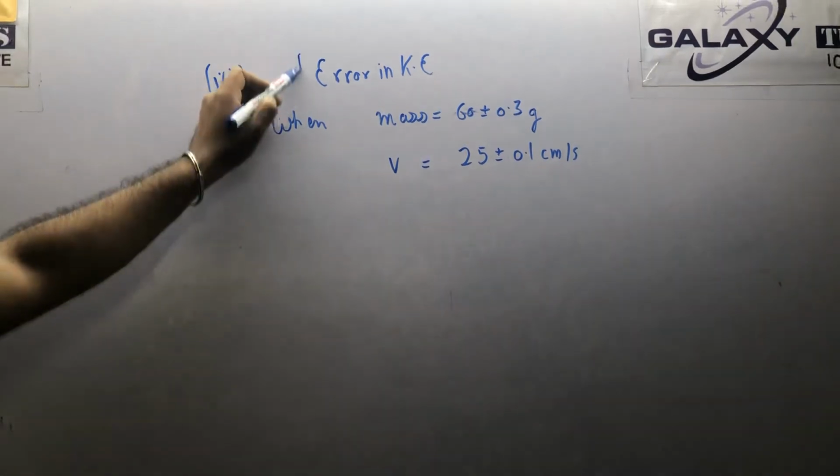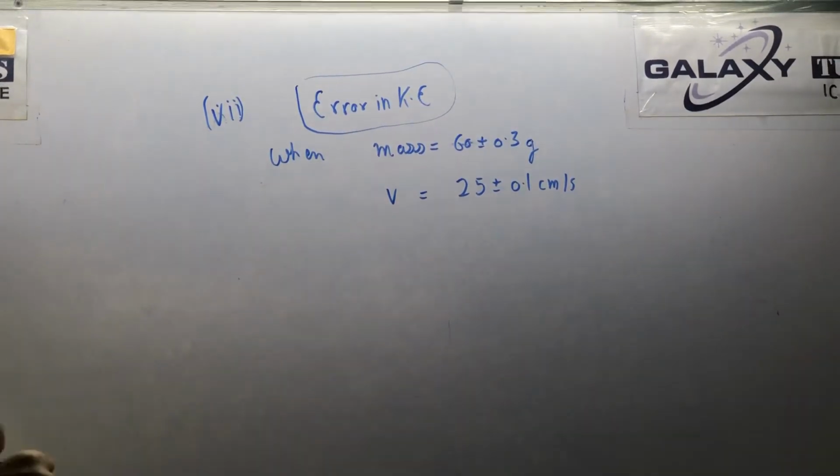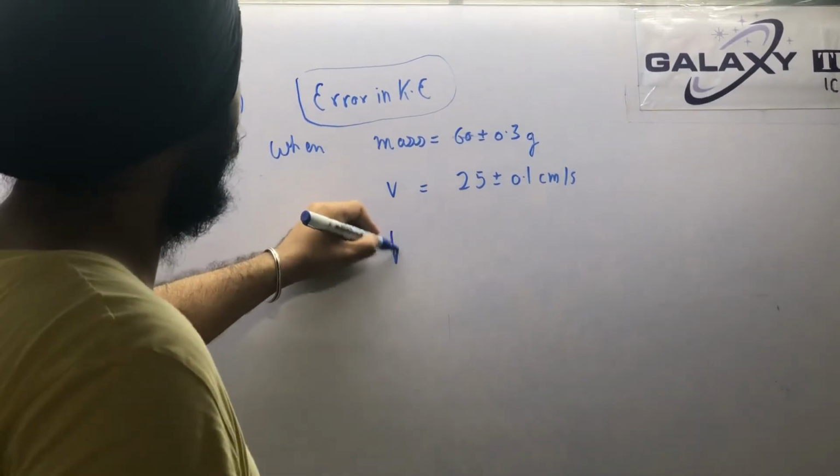What we have to find is the error in its kinetic energy. We have to only find the error in its kinetic energy, no need to find the kinetic energy itself. So first of all, what is the formula for kinetic energy?